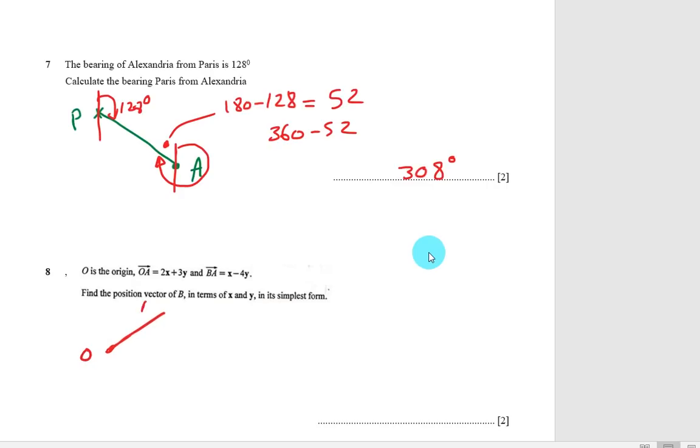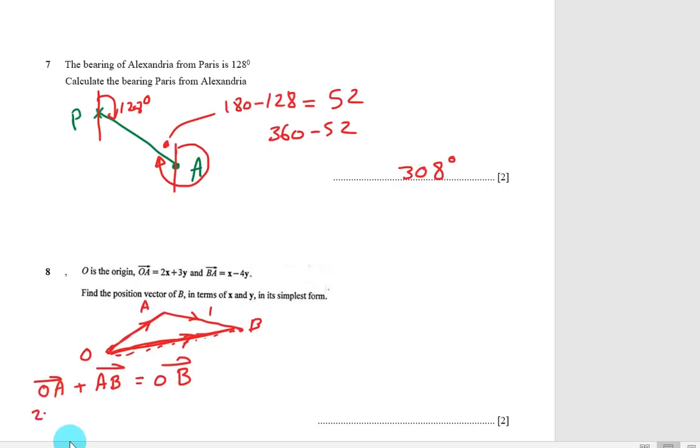This is O, this is A, and then this is B, and this is the vector that we need to calculate, which is OB. So let us write the equation: OA as a vector plus AB as a vector is equal to OB as a vector.